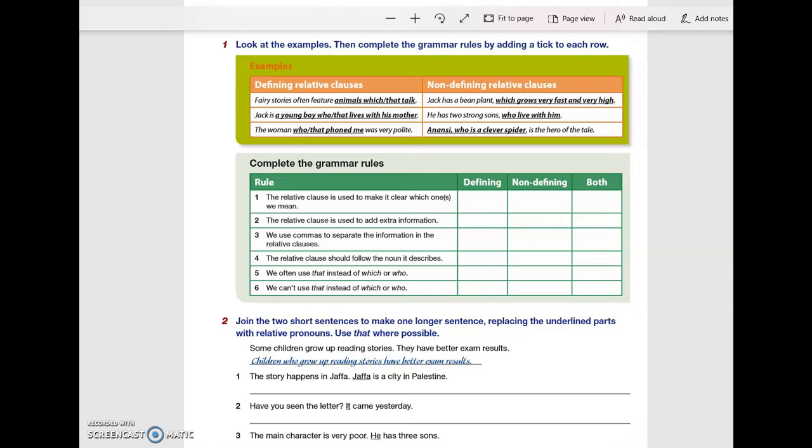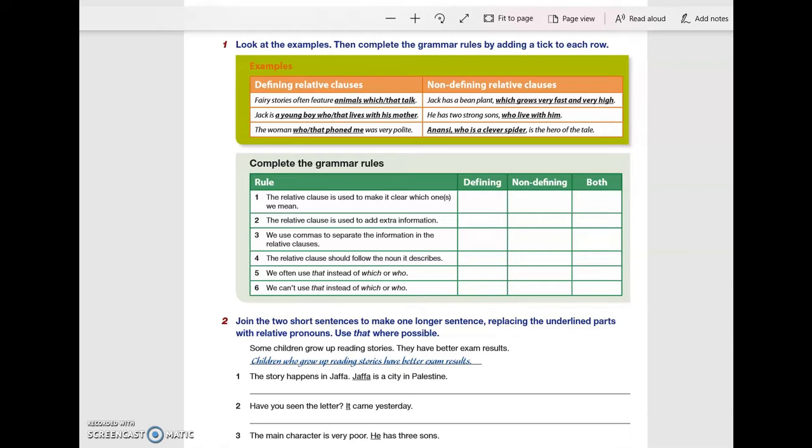She phoned me. This is the second sentence. We join the two sentences in one sentence and we add the information beside the woman. The relative pronoun who or that beside the woman refers to the woman.